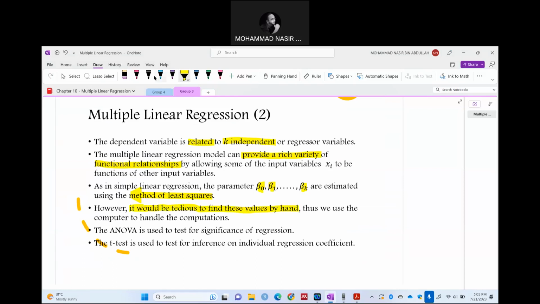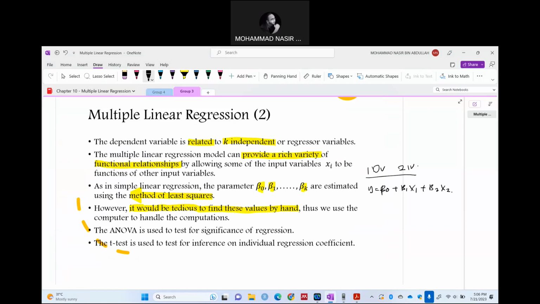But in our topic, we will try to calculate the regression equation for one dependent variable and two independent variables. So we will limit it to 2: y equals beta naught plus beta 1 x1 plus beta 2 x2.